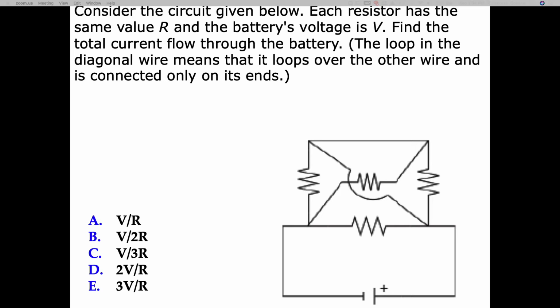All right, we have one response so far. Okay, we have two responses.